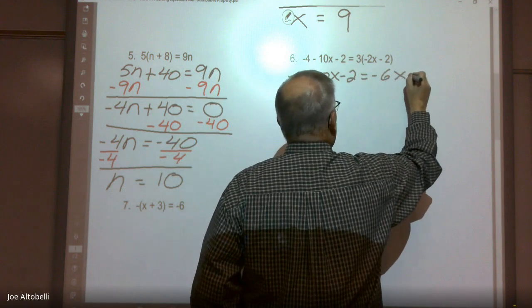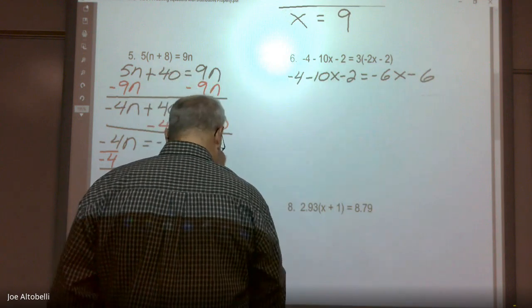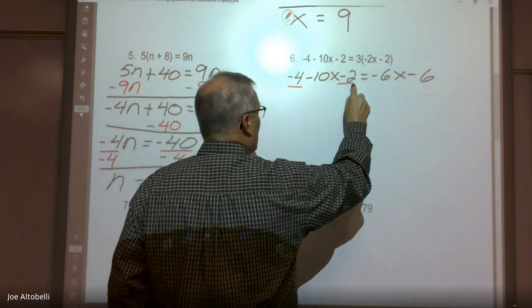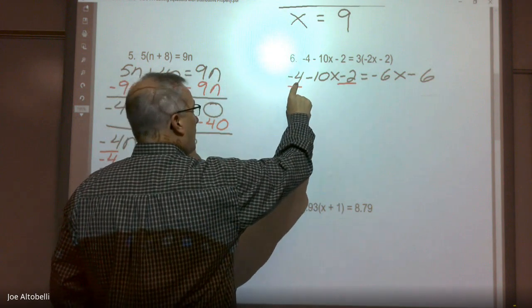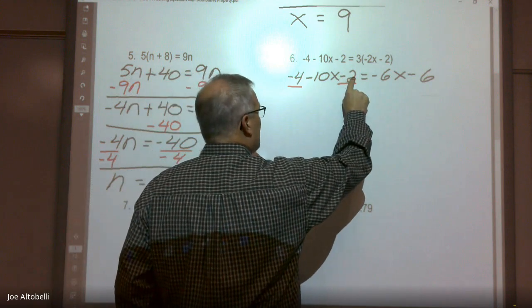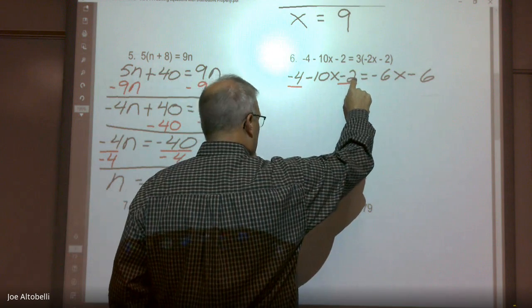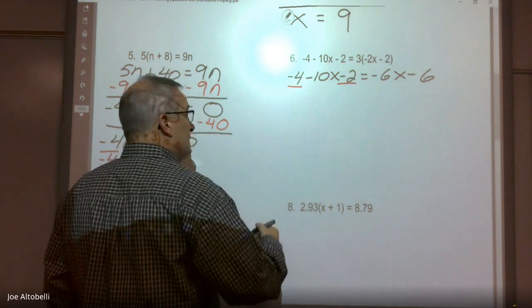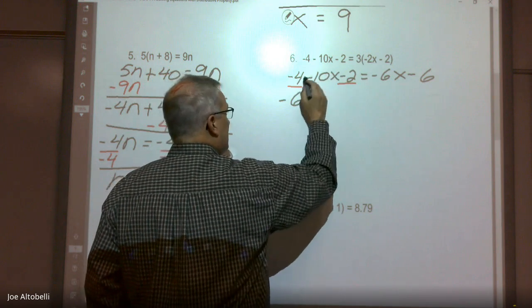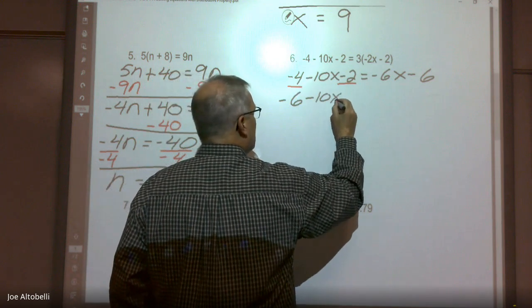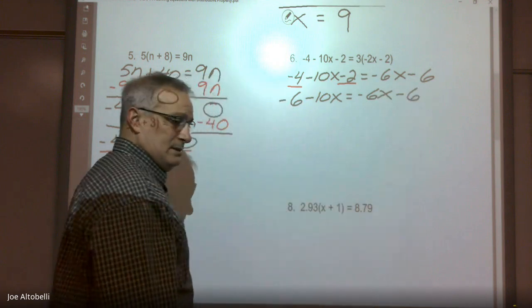Negative 6x minus 6. I am now going to combine these two terms. Now, when you do that, this is a negative 4 minus 2. So in your calculator, it's a negative 4 minus 2, and that is a negative 6. Still subtracting, the 10x is equal to a negative 6x minus 6.